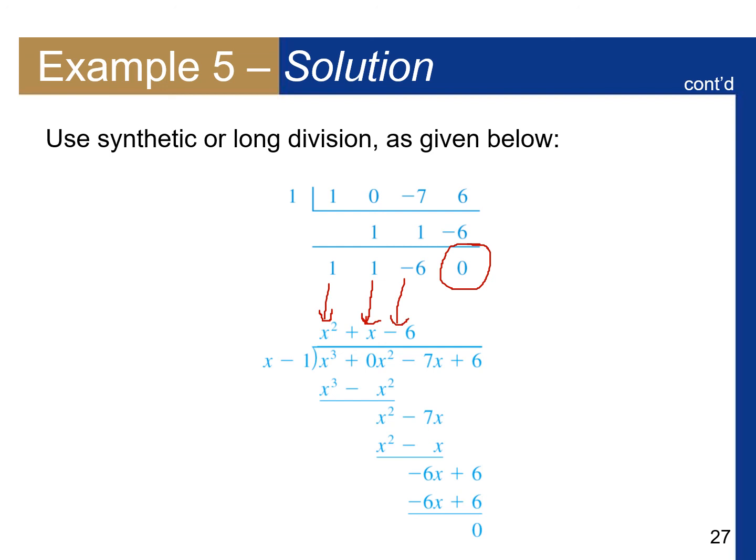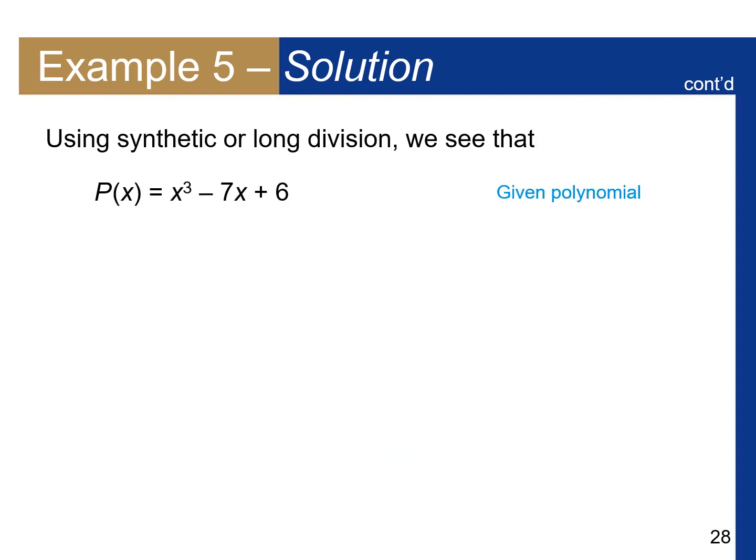So that's my quotient. And notice my remainder is 0. So that tells me that these two things multiplied together would give me my original right here. So this would be x minus 1 times x squared plus x minus 6, my quotient and what I was dividing by.